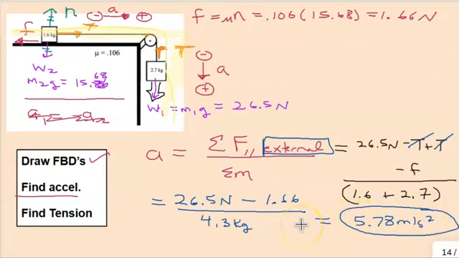All right, one way to check your work is that this system of two objects is powered by gravity, right? So that should be less than 9.8. There's no way that can be more than 9.8 if it's powered by gravity. Now, if you had a fan cart or a rocket, or other outside forces, absolutely you could have something accelerate faster than 9.8.